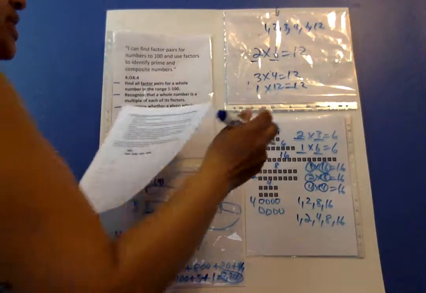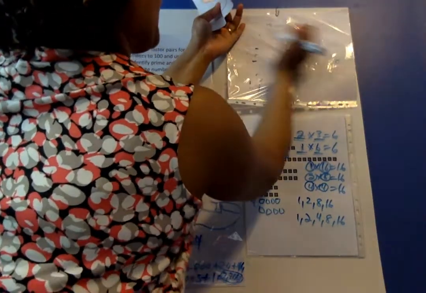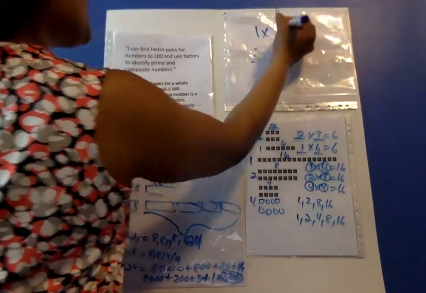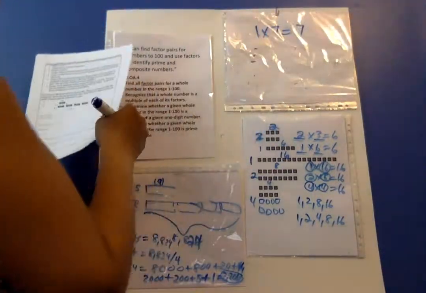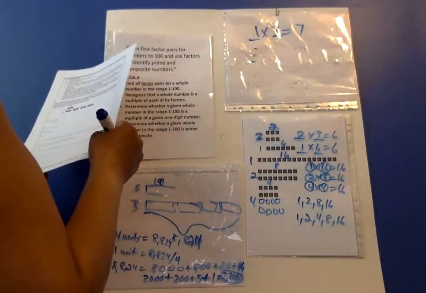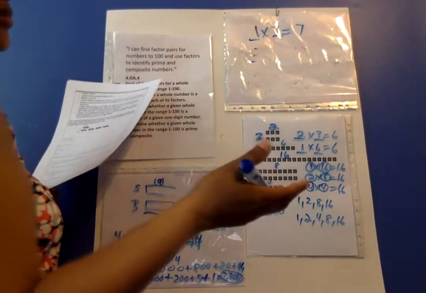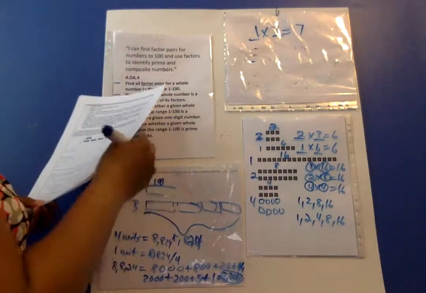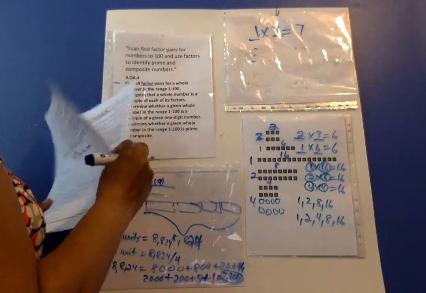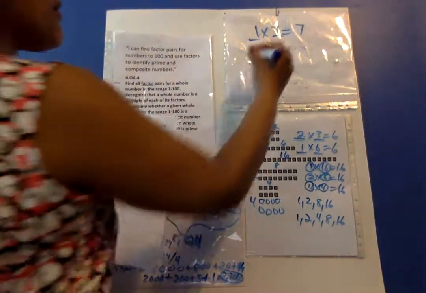What are the factors of 1 times 7? Let's look at it. 1 times 7. What are the factors? 1 and 7. Find another factor pair for 7. The students will try to figure it out, and they can't come up with it. That is the same factor.